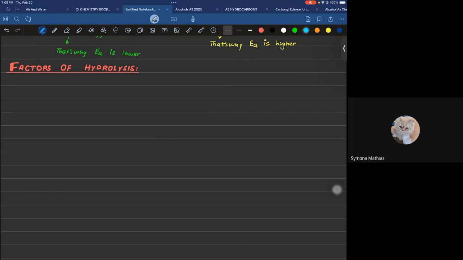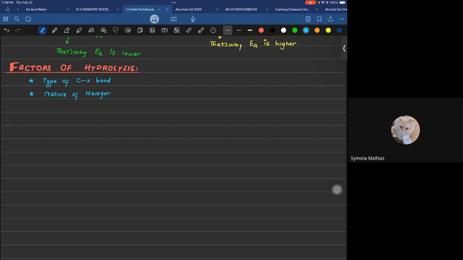Number one, the type of carbon and halogen bond, and another one is the nature of halogenoalkane.